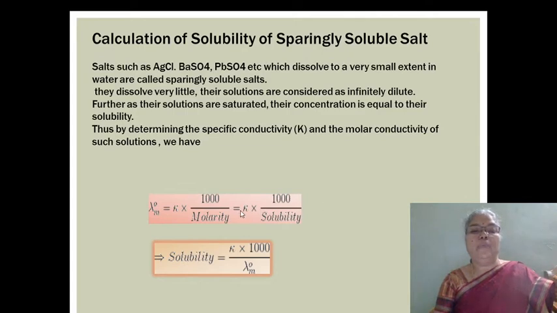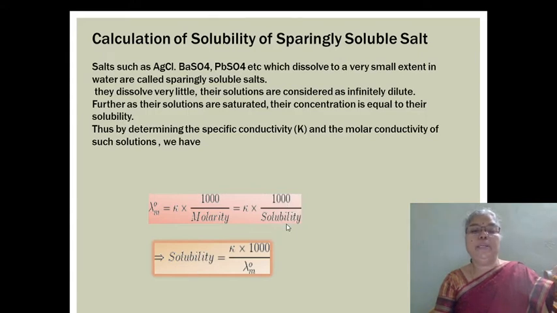Therefore we can write specific conductance into 1000 divided by solubility, because we have considered the concentration of the sparingly soluble salt to be equal to the solubility. Therefore, here the molarity we have substituted by solubility.